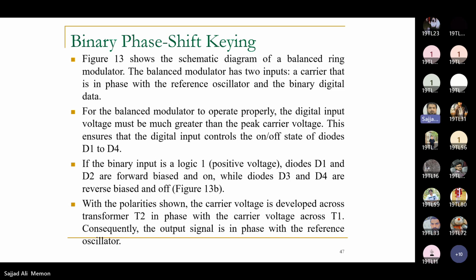If the binary input is a logic 1, that is a positive voltage, diodes D1 and D2 are forward biased and on, while diodes D3 and D4 are reverse biased and off. With the polarity shown, the carrier voltage is developed across the transformer T2 in phase with the carrier voltage across T1. Consequently, the output signal is in phase with the reference oscillator. So that is the working of this balanced ring modulator.